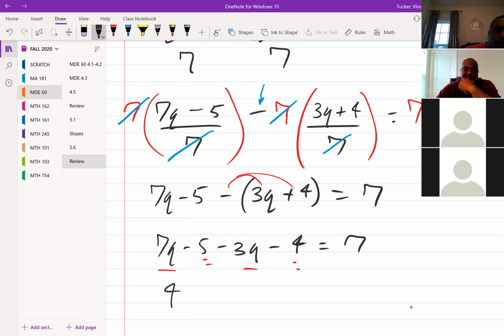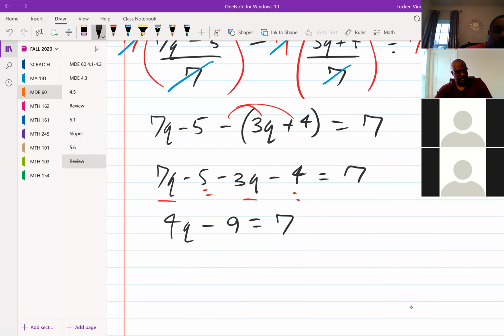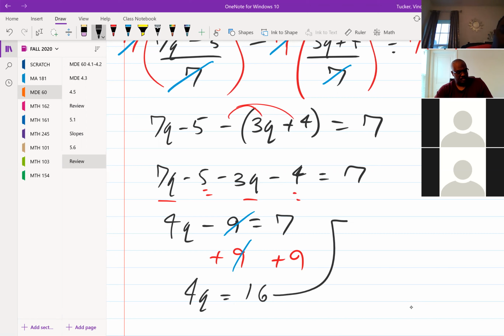So it would be 4q minus 9 equal to 7. Add 9. And then divide by 4.